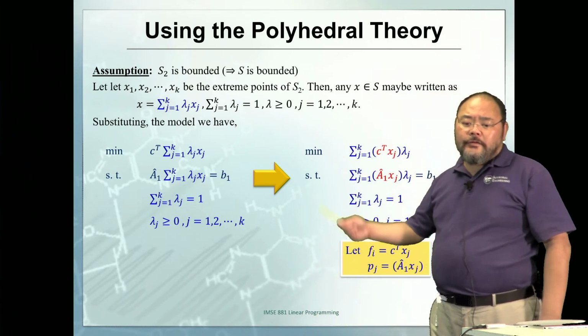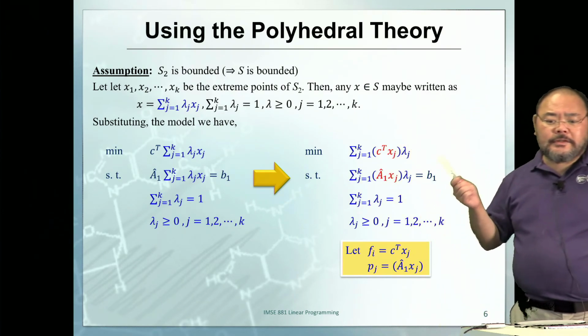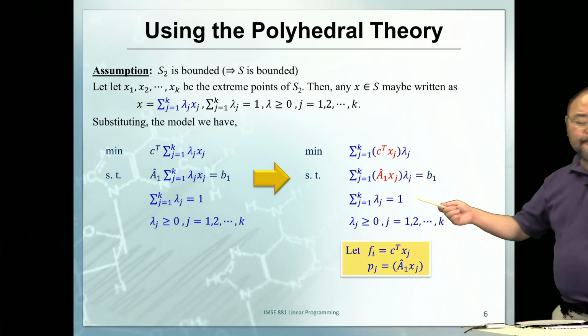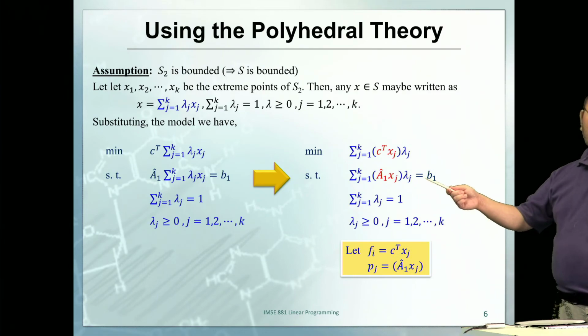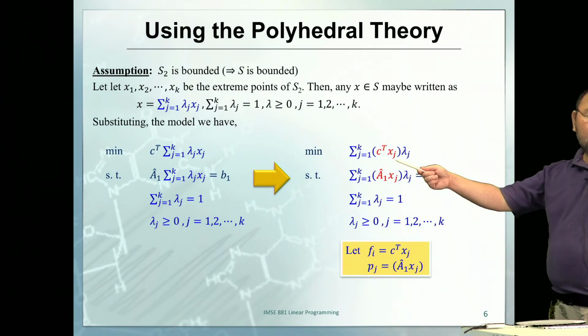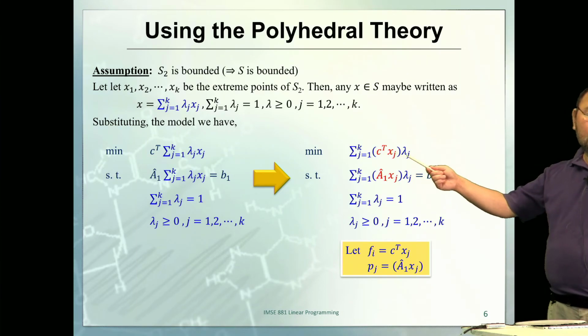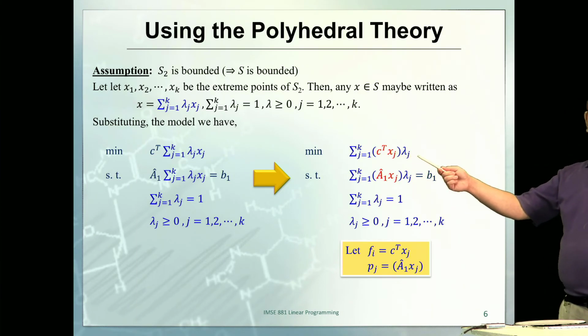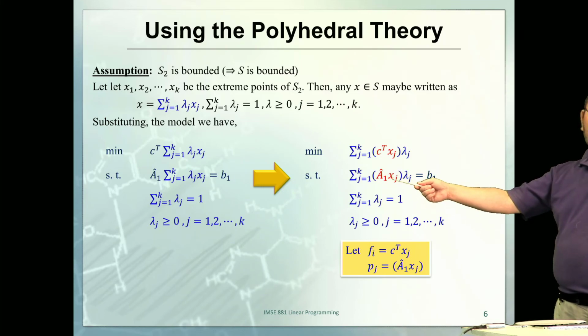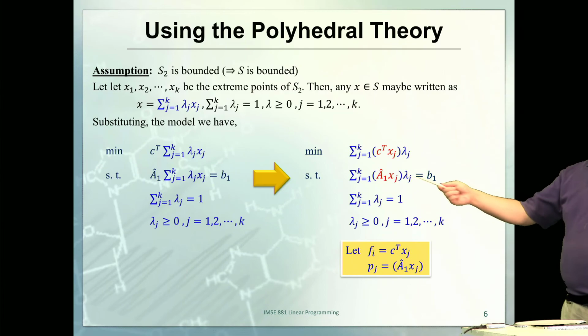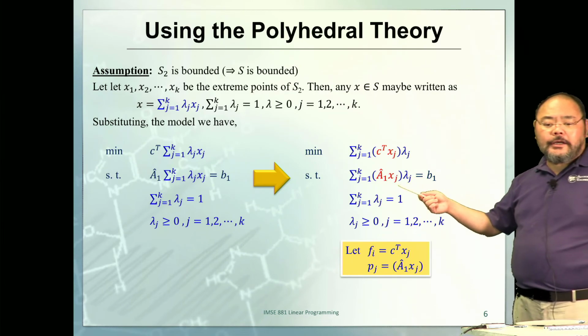So we can further represent our model in this way. The C transpose times xj times lambda j is right here, and for the constraint we can use A1 hat times xj times lambda j as well.